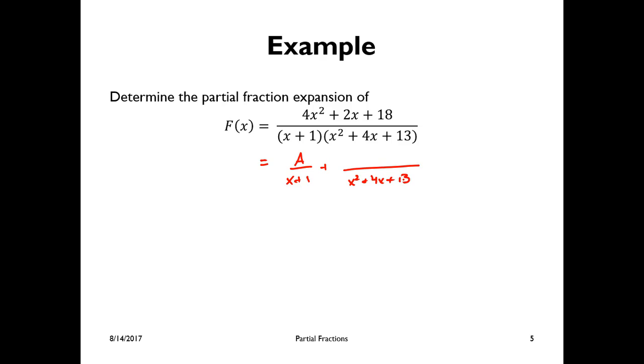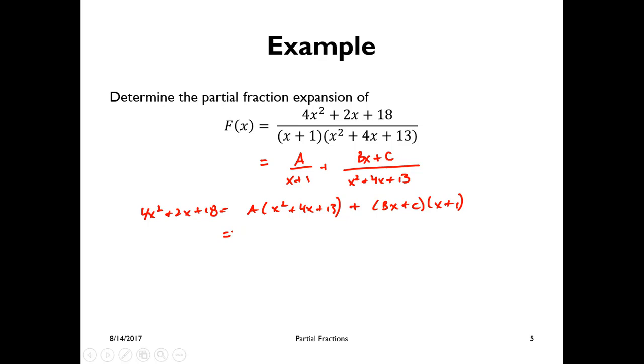So in the numerator, because I have a quadratic term in the denominator, I will require a linear polynomial in the numerator, so bx plus c. To determine the coefficients a, b, and c, I can use the method of clearing fractions. I simply have to multiply both sides of this equation by q of x. This will give me 4x squared plus 2x plus 18 equal to a times x squared plus 4x plus 13 plus bx plus c times x plus 1.